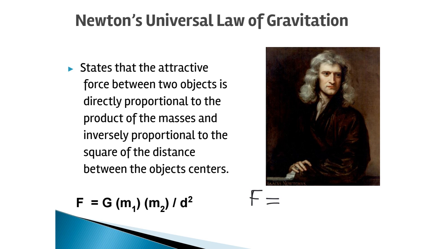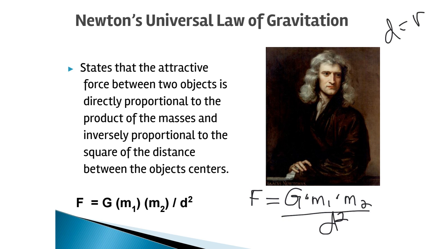So the equation is F equals big G, which we'll talk about in a minute, times mass 1 times mass 2 divided by the distance between the object's centers squared. We will sometimes talk about d as our radius.